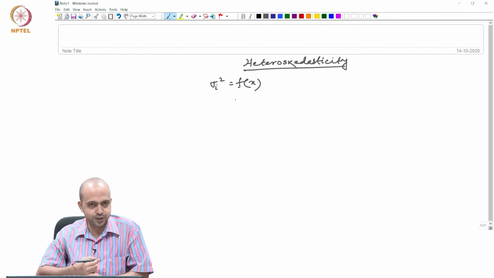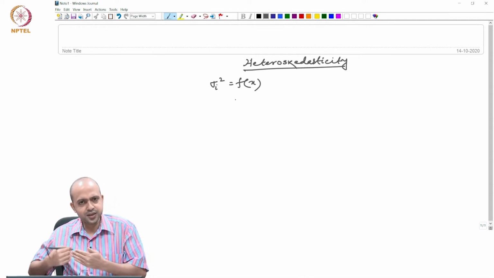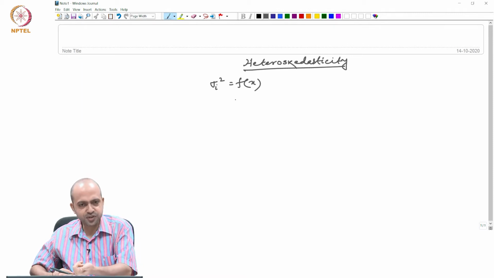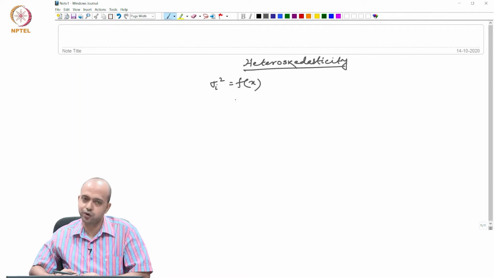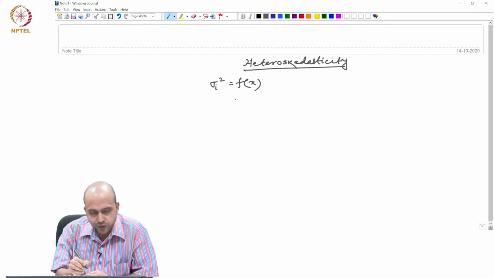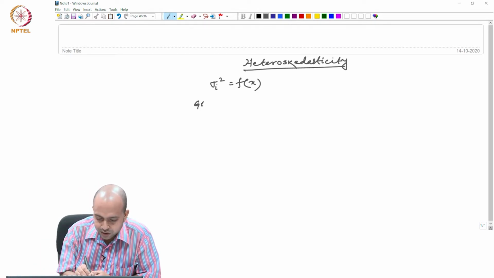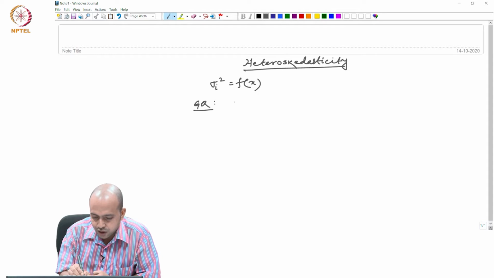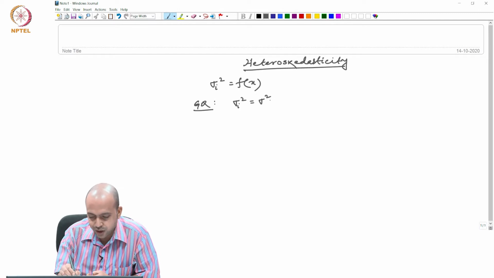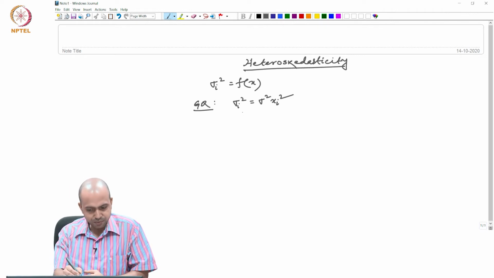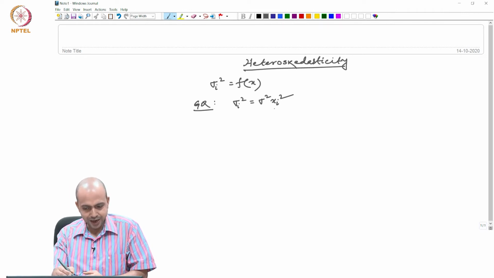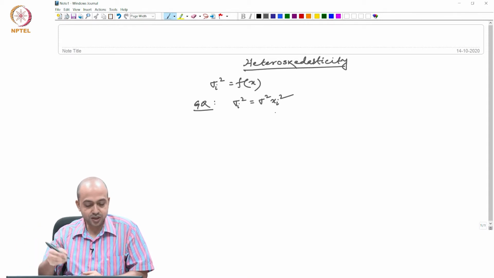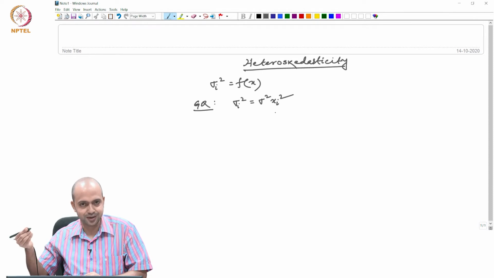This is a function of x, and these different tests are developed based on which specific functional form you are assuming for f(x), right. In the Goldfeld-Quandt test, you assume that sigma square i equals some sigma square into xi square. So sigma square i is an increasing function of x; as x increases, sigma square i increases at an increasing rate.